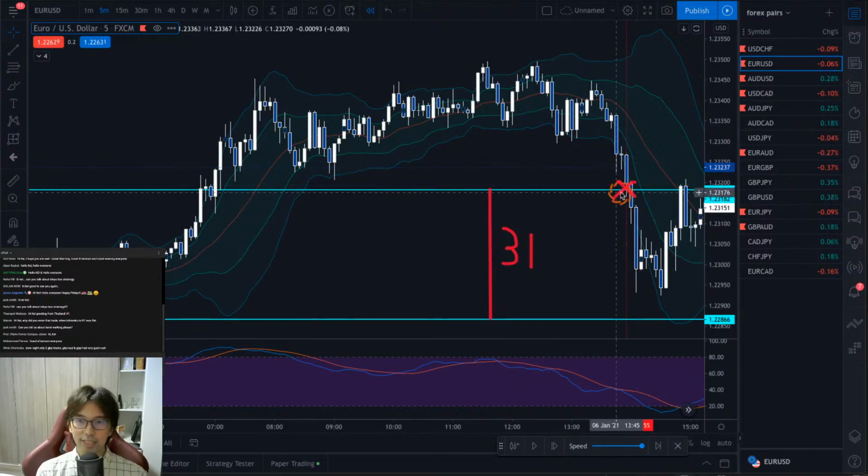So this was the exit. Initially I took 15 pips of stop loss and I closed it with 31 pips of profit. So that was the 1-to-2 risk-reward ratio, which wasn't so great, but yeah, it was what's happening in the market, and that's why I simply exited over here.